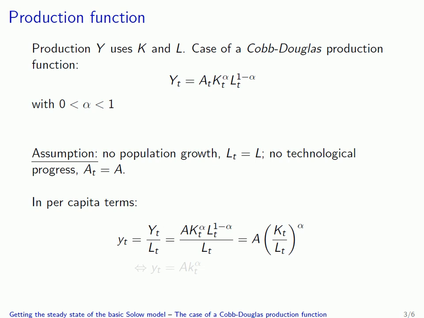Very simply, by getting rid of L_t, we get that small y_t is only a function of small k_t: y_t equals A k_t^alpha, where small k_t is the amount of capital available per worker.